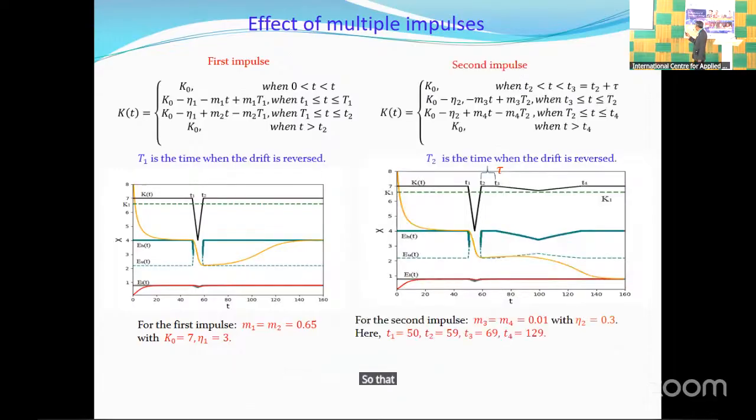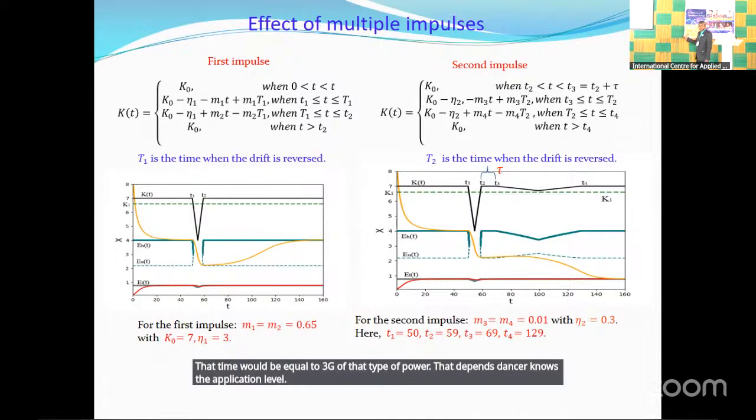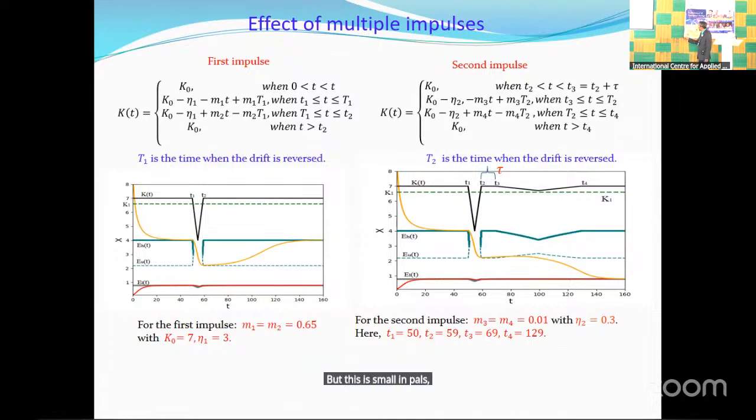So we give another small impulse at time t equal to t3 after time tau. That even does not cause the bifurcation. But this small impulse can make your system tip. Look at this. So your system tips, but this is a small secondary impulse that does not cause the bifurcation.